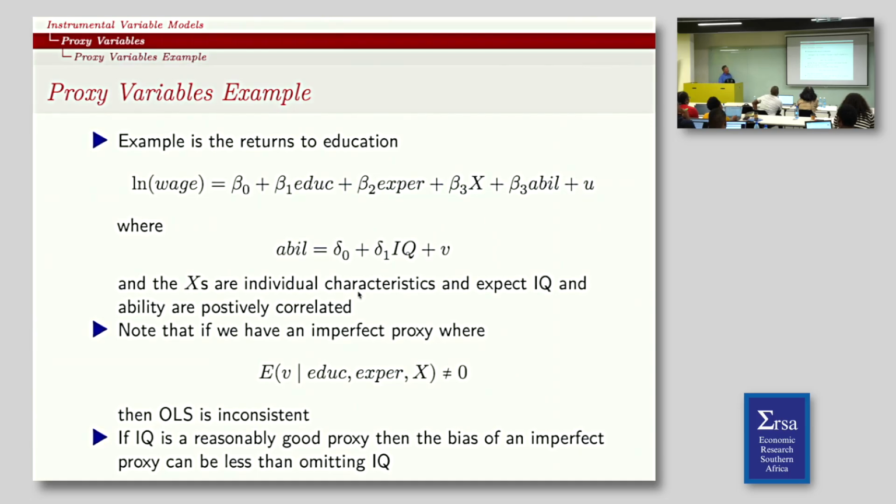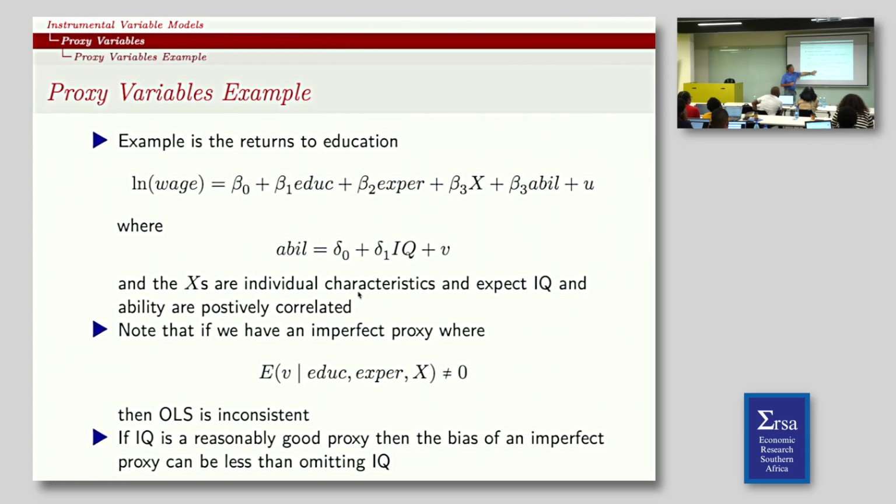We're going to take log wages as a function of education, experience, some x's, and ability, where we've got this ability and IQ term. The x's are some characteristics, and we expect that those characteristics are probably positively correlated with IQ.